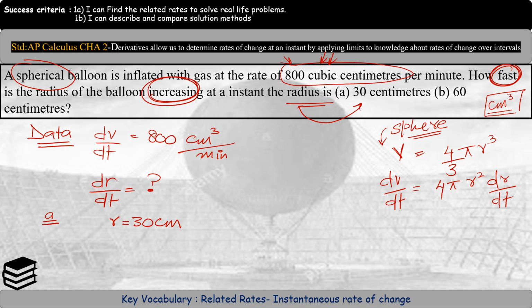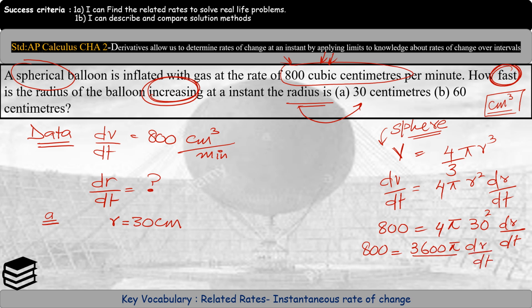So put all the values. In place of dV by dt, we are going to write 800 equals 4 pi, and r is 30 squared, and find dr by dt. So you will get 800 equals 900, 4 nines are 36, so 3600 pi dr by dt.